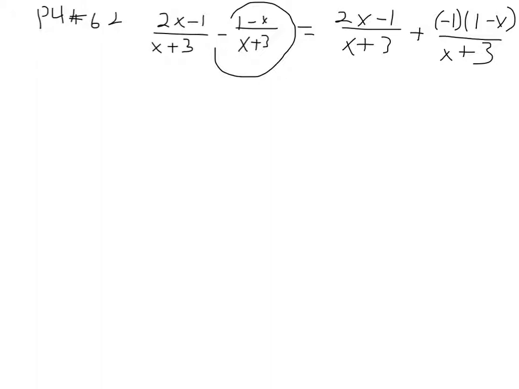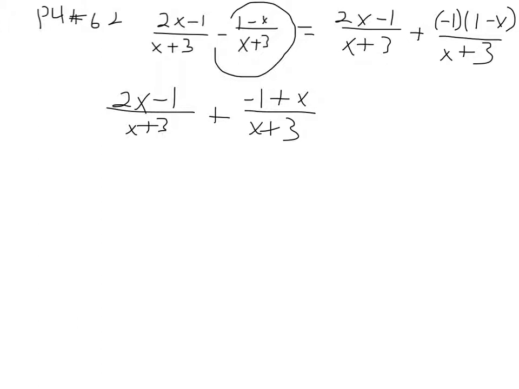Now I can distribute this -1 through 2x minus 1 over x plus 3. I haven't done anything to the first term. Plus -1 times 1 is a -1. -1 times minus x is a plus x. Okay? All right. Now I am set up to do my addition now in a much simpler fashion.